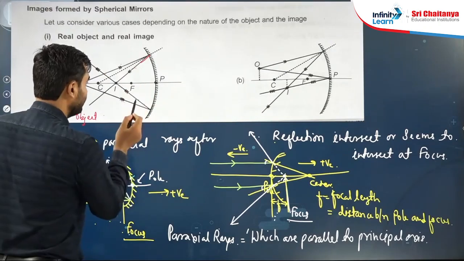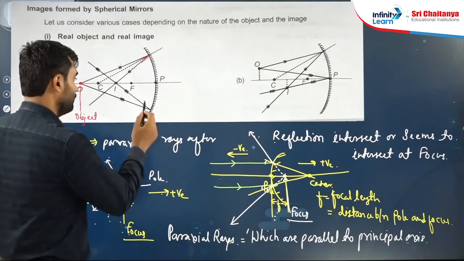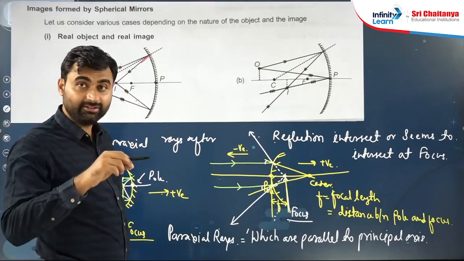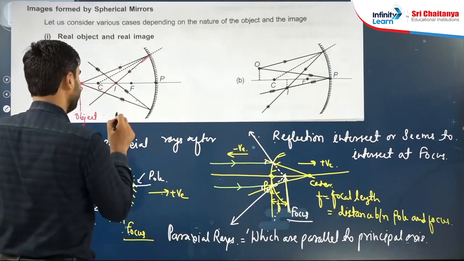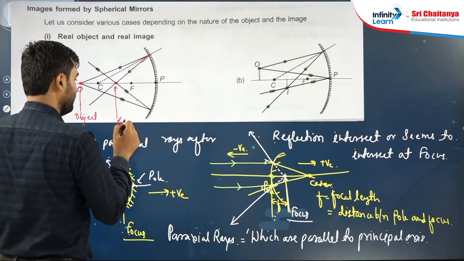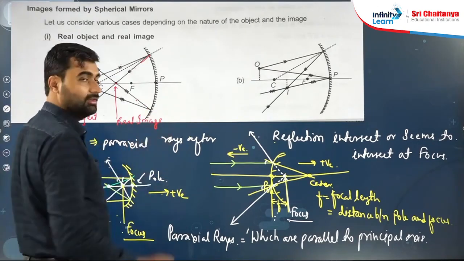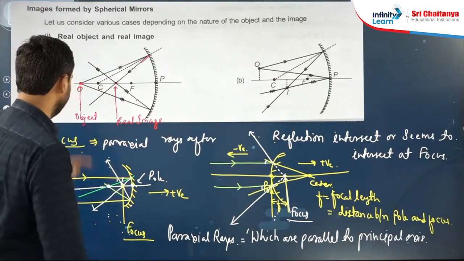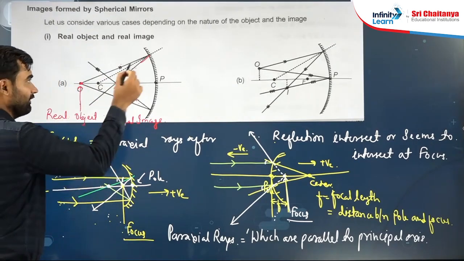Both reflected rays are intersecting here. Agree or not? So both reflected rays are intersecting here, which means this is the position of the real image. So this is the real image. This is a real object, and we can see that rays are diverging.